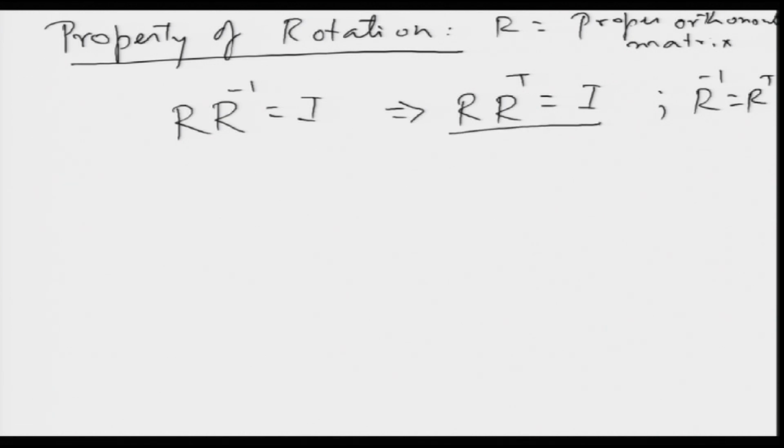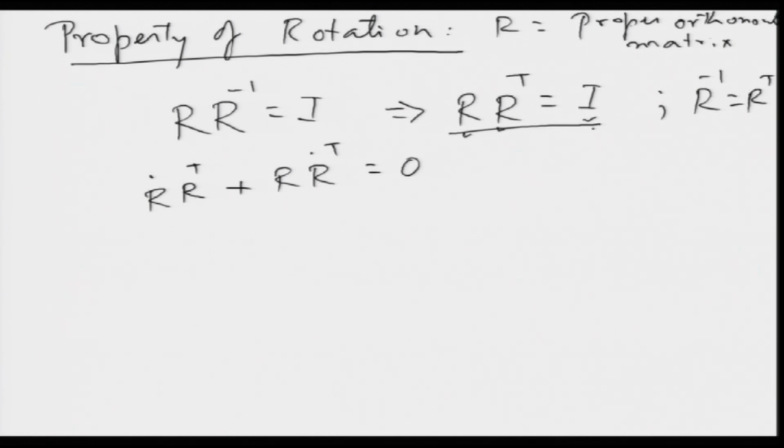Now, if I take the derivative of this expression, then we can write it as r dot into r transpose plus r into r dot transpose is equal to 0. I can write it this way. So, we take the derivative of this one first, then we take the derivative of this, and this is an identity matrix. So, the derivative is 0.